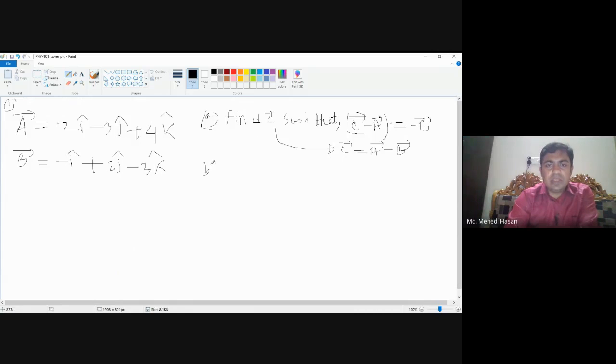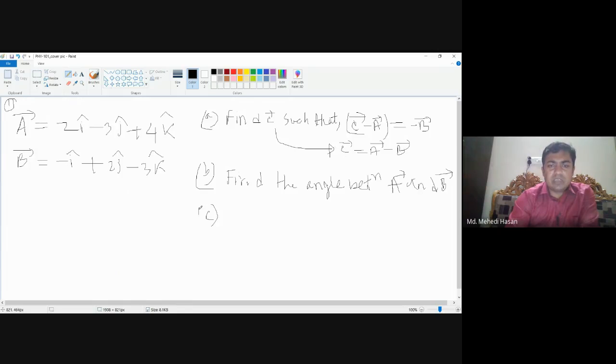Now question number b, if the question is given like that, find the angle between a and b. So how can we find out the angle between a and b?